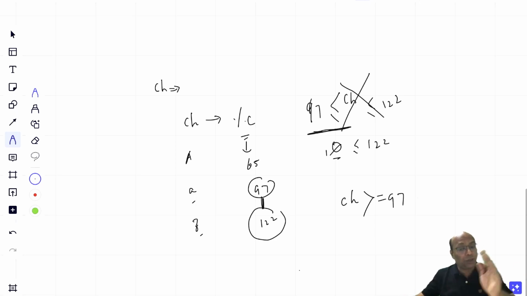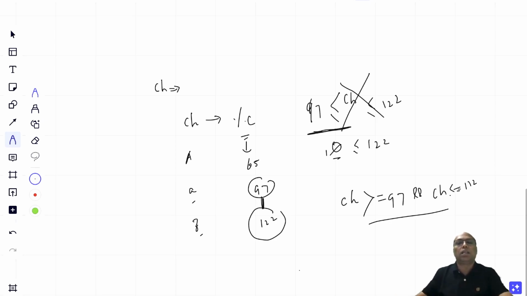Both the conditions should be there, therefore I put and. This is the way I'll write. If I put or, any one of the conditions would satisfy, but because it has to be between, both conditions need to be satisfied. Therefore I will write and.